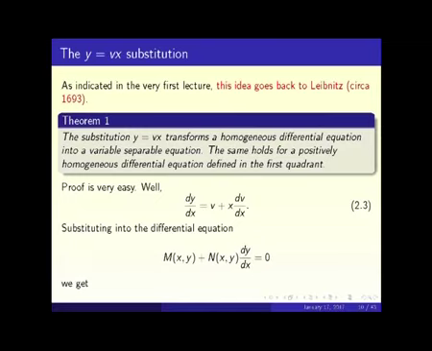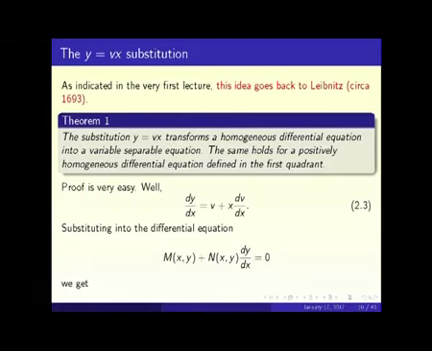y equal to Vx. So apply the product rule: dy by dx equals V plus x dV by dx. Simple application of the product rule gives you equation 2.3. So substitute into the differential equation. Take the differential equation to be M(x,y) plus N(x,y) into dy by dx equal to 0.